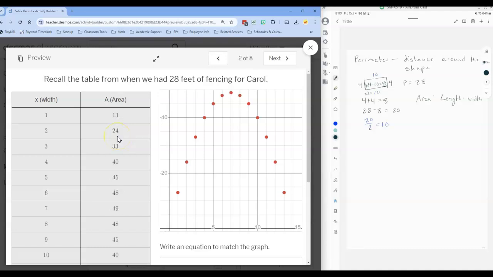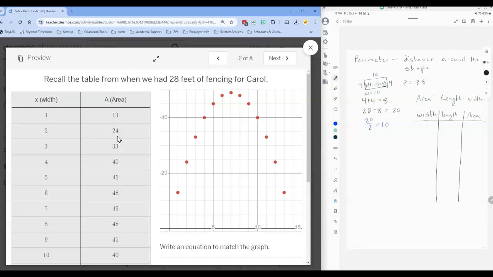Now this can be a little bit misleading. I think they've left out a column in the table here, and it'll make sense in a second why they did that. But I want to point out what we're missing here. So we have a width, but we also have a length that is relevant. And when we multiply those two together, we get an area.